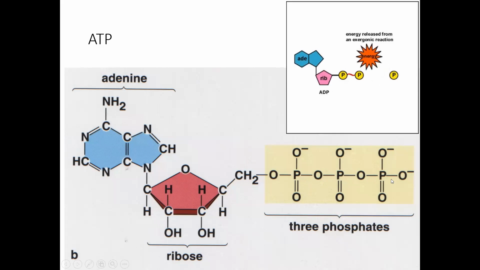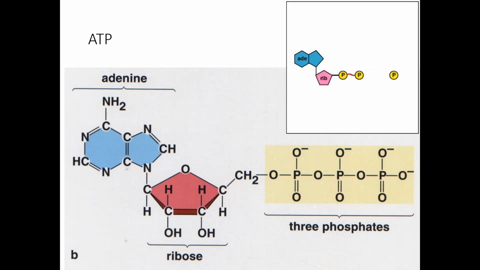And over here are the 3 phosphates, and it'll go back and forth between its diphosphate and triphosphate state. As long as there's energy available to put that third phosphate on here, and we can park that energy in that bond for 7 seconds, then we can transfer that phosphate to some other compound to get something done.